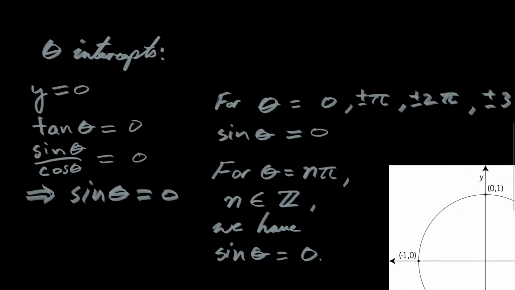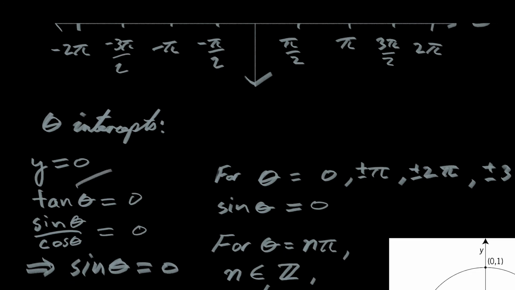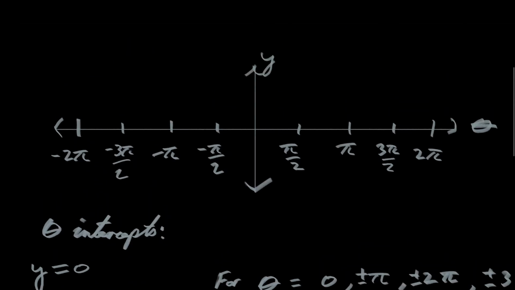Remember, whenever sine of theta equals 0, that gives us tan of theta equal to 0. And whenever tan of theta is equal to 0, that gives us y equal to 0. And whenever y is equal to 0, we know that we have theta intercepts. So those theta intercepts are going to be at these integer multiples of pi.